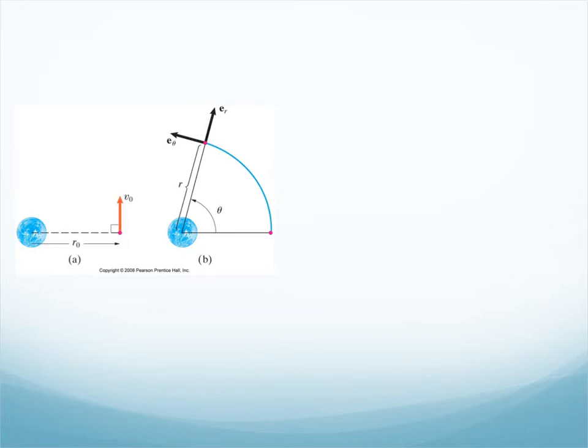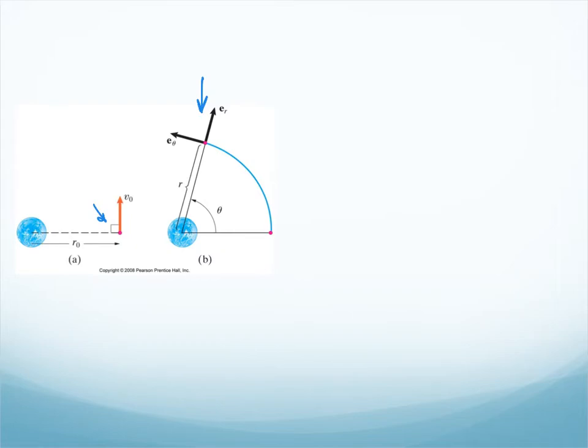We're taking its initial position to be either its closest approach or its furthest approach, because at that moment its velocity is totally perpendicular to the radius. That's what they're trying to show right here with that angle. And then, of course, as the satellite travels through the orbit, we're going to follow it using polar coordinates, using the radial unit vector and a tangential unit vector.